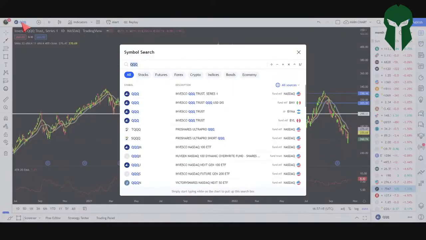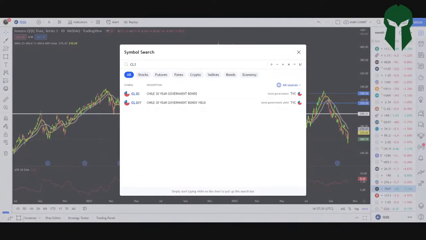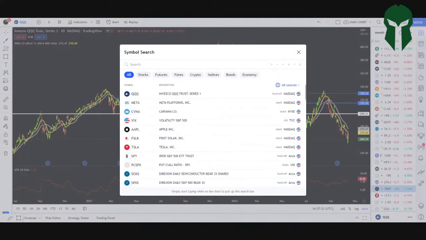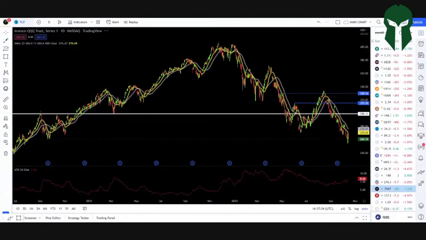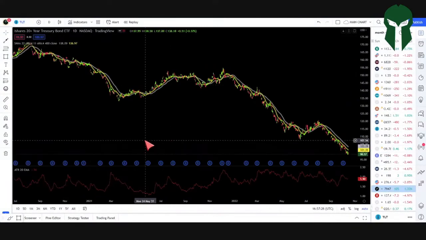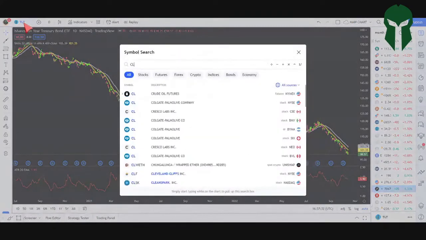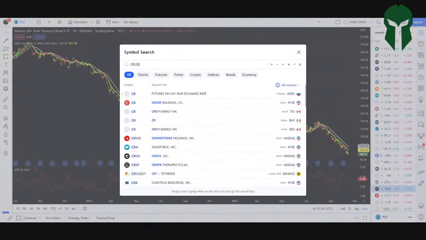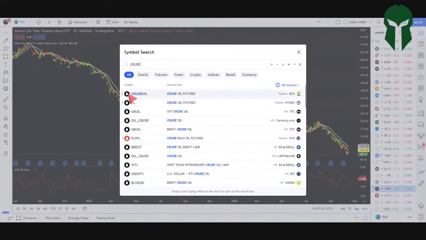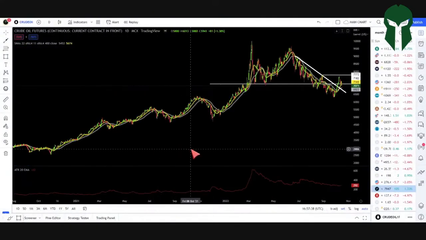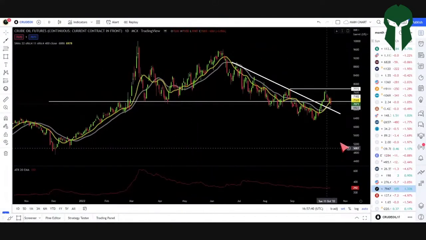And again, you can do it with anything, right? Literally anything. I'll give you another one, TLT. You can do it with anything over and over again. It does not matter, right? Let me do crude oil just to give you an example. So here's crude oil. Okay.